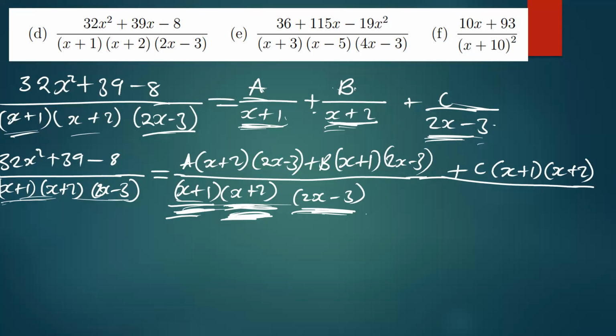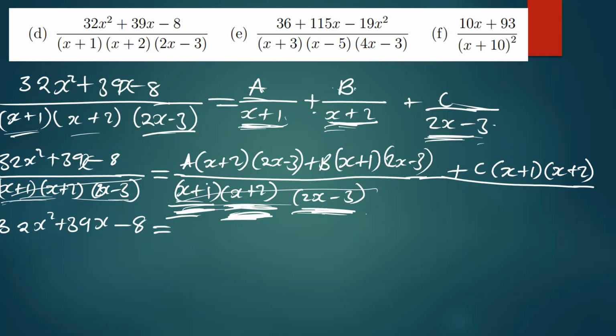So now we can find the values of A, B, and C. So what you do, we first have to cancel out the denominators. This one and that one will cancel mathematically. So you just remain with 32x squared plus 39x, then minus 8.